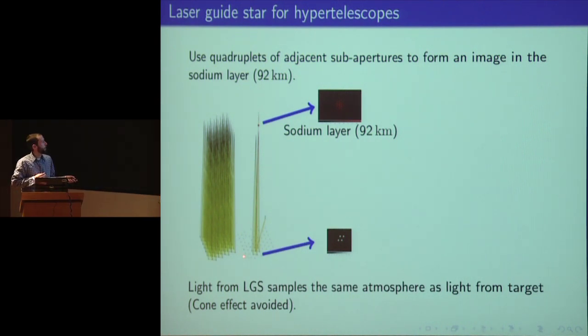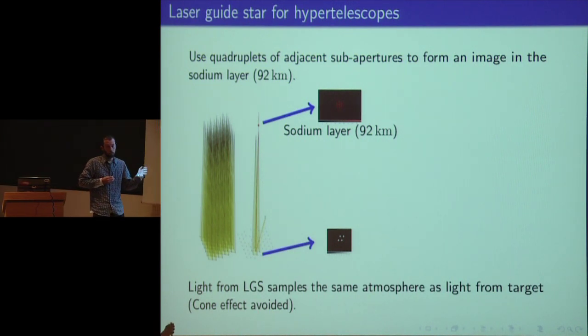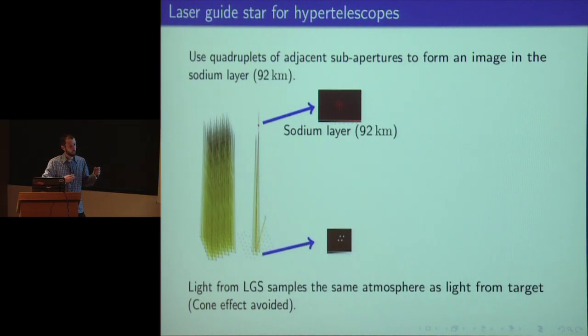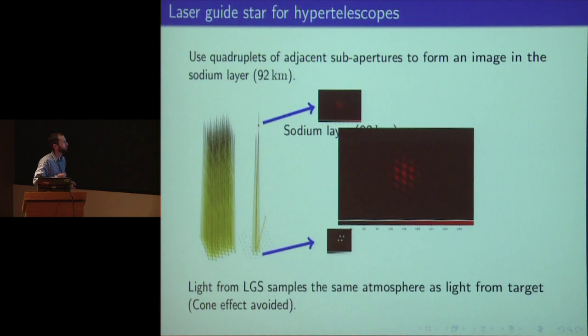So you have many mirrors on the ground that emit light from a sodium laser. And at 92 kilometers of altitude, each quadruplet of subapertures that looks like this will form a small diffraction pattern in the sky that essentially looks like that.